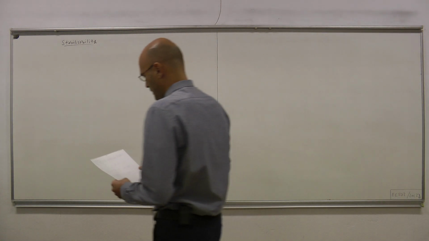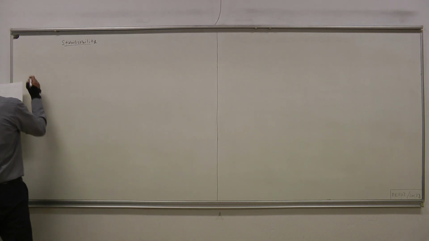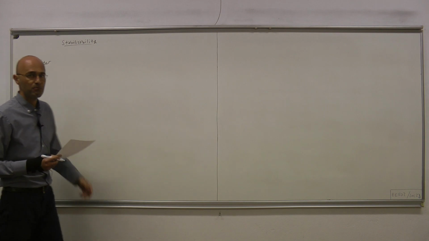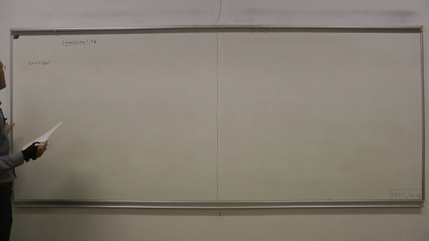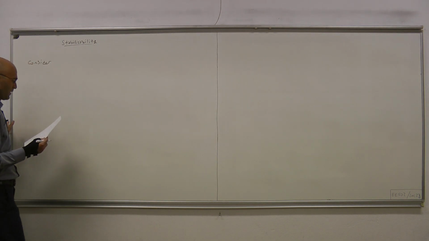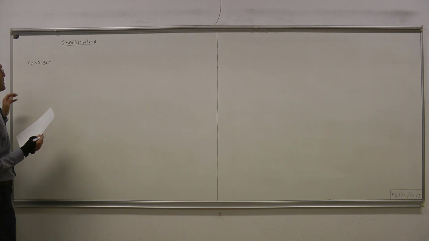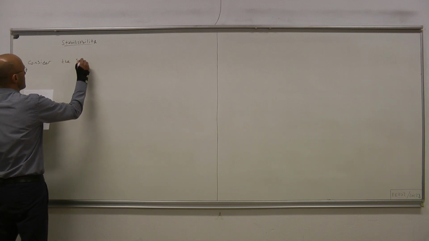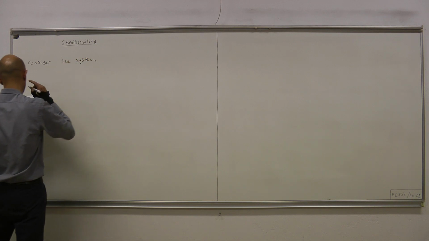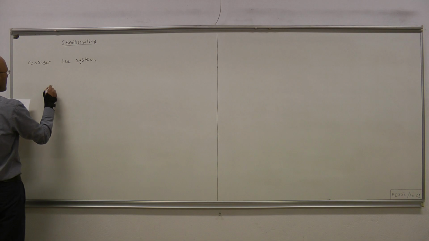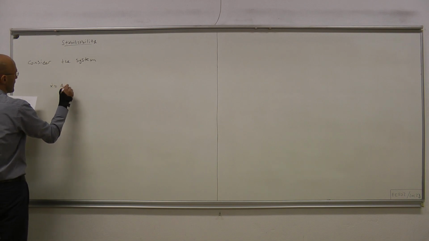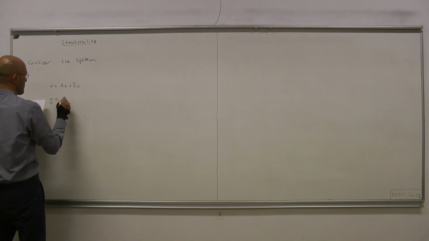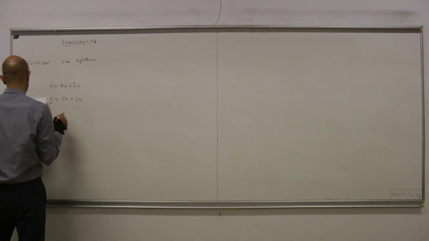As before, we will make use of controllable decomposition when studying stabilizability. So consider the system x dot equals Ax plus Bu and y equals Cx plus Du.